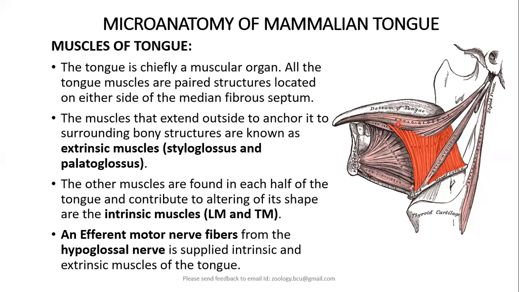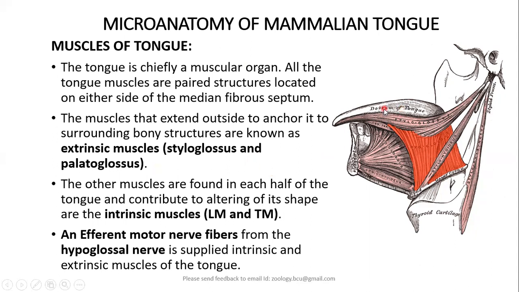The muscles that extend outside of the tongue, that means they are present outside the tongue and they help to anchor the tongue to the surrounding bony structures, are called extrinsic muscles. We have the examples of styloglossus muscles, palatoglossus muscles, genioglossus muscles. All these muscles are called extrinsic muscles.